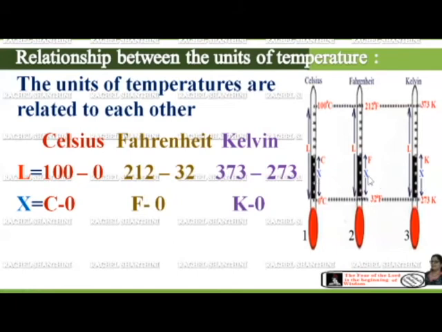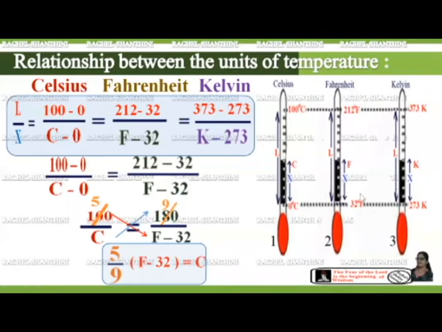So let us mark it as X. Since the levels of L and X are the same in all the three apparatus, let us equate the L by X ratio in all the three apparatus. Since we have taken the same amount of mercury in all the three apparatus, the distances L and X are also the same in all three. So we can equate the L by X ratio like this.